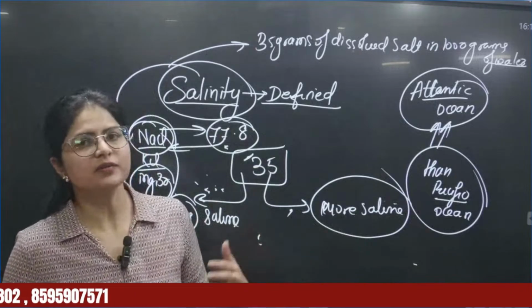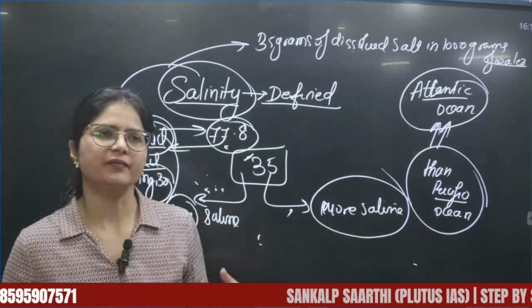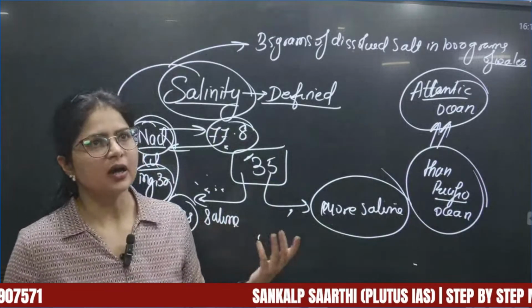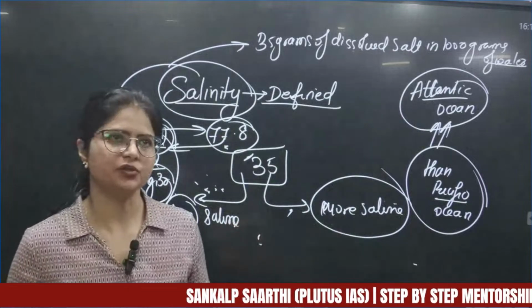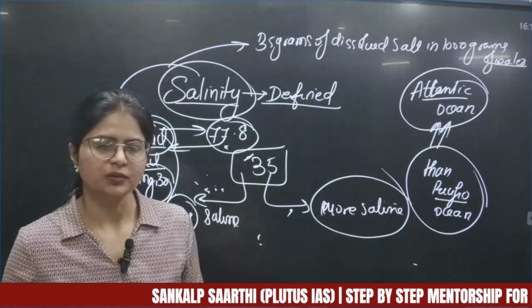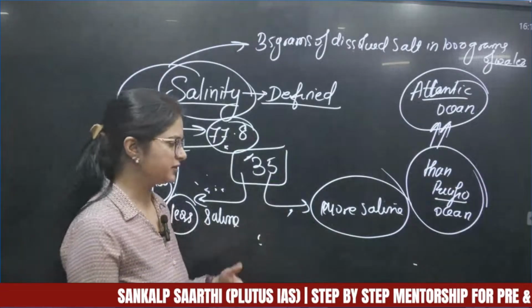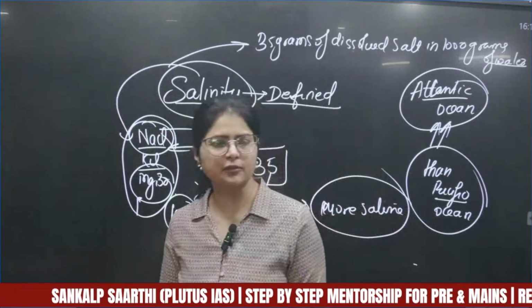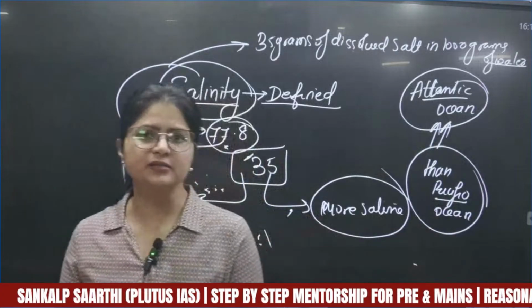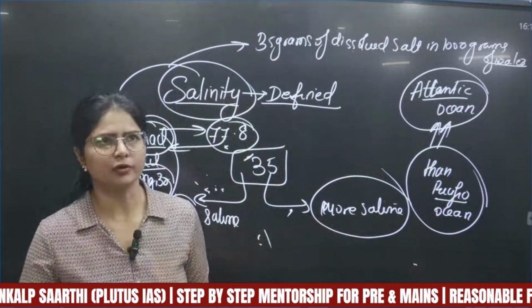And because of different insolation, we have different phenomena happening: precipitation, evaporation, and other factors like ice formation and melting of ice. All of these factors combined together will determine the salinity of the water body. Okay.